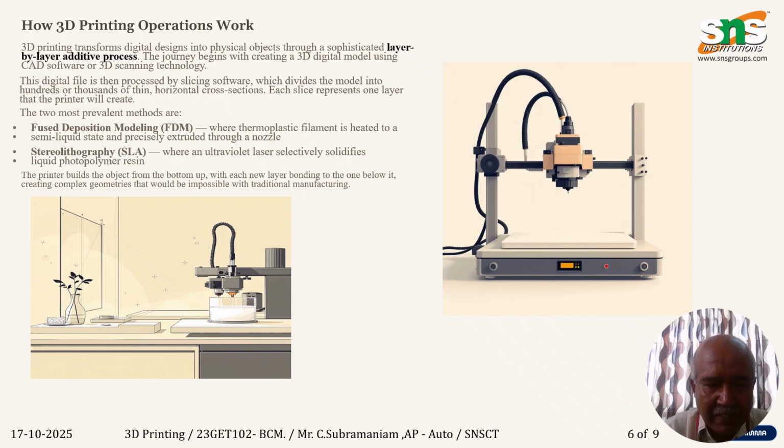Here there is an open layer which can 3D print up to some extent of height. Here the height will be limited. This one is the fused deposition modeling, whereas this one is the stereolithography model. In this we can have 3D printing itself.